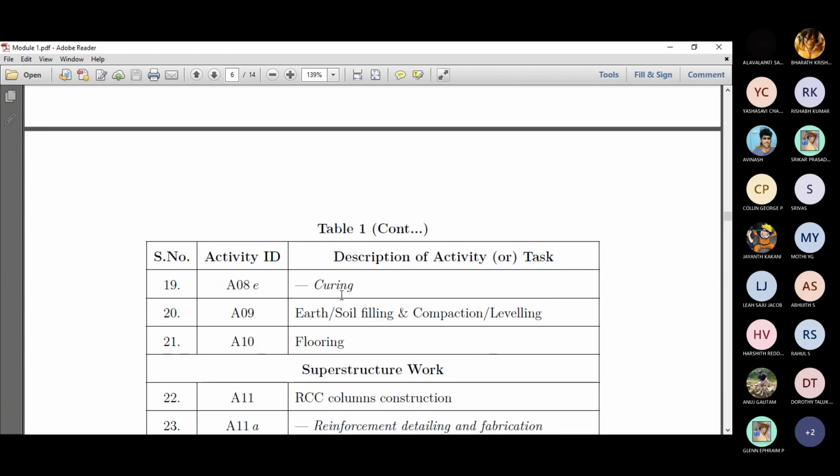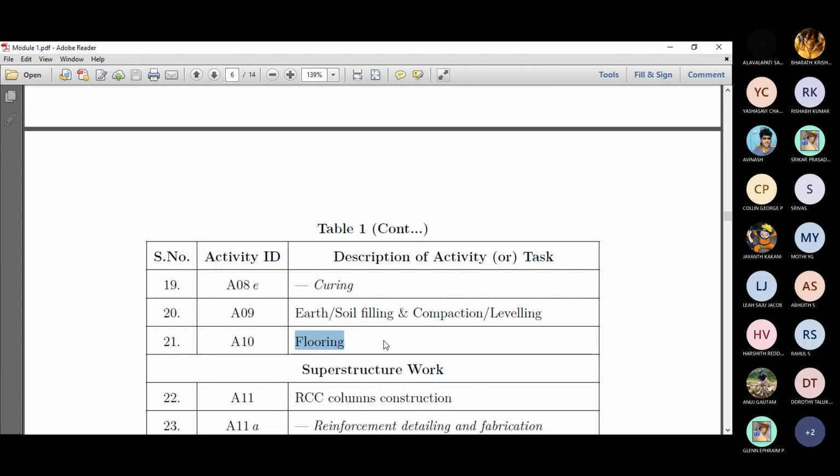Once the member is constructed, we will do a backfilling or refilling of the soil, right? The excavated earth gets replaced into the voids available around the footing and the substructure, right? Then we look into the sand filling and then flooring, compacting the soil beneath and also within the plinth beam. And then we'll do a flooring, which is the hard stratum.